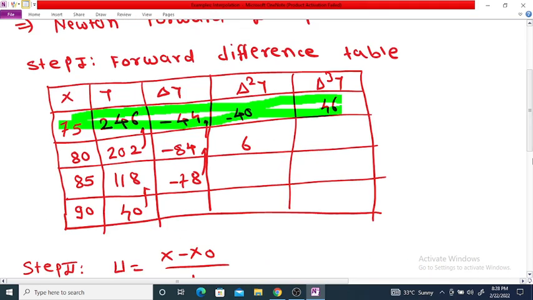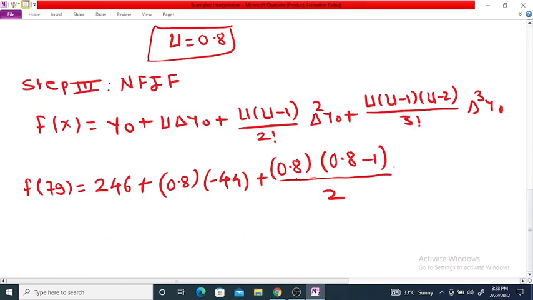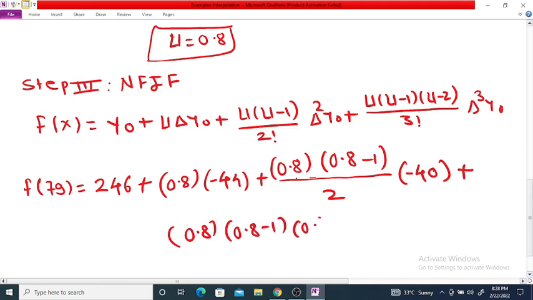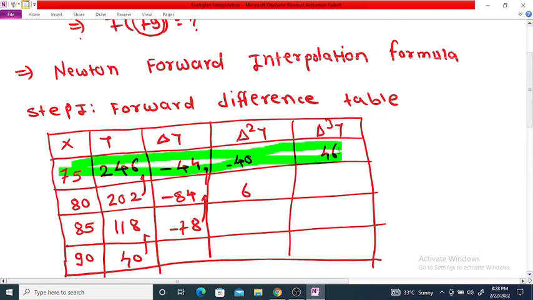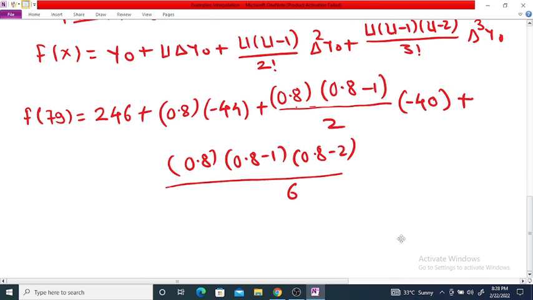Now delta square y0 is minus 40, and last 0.8 into 0.8 minus 1 into 0.8 minus 2 divided by 3 factorial, which is 6, into delta cube y0. By using the table, delta cube y0 is 46.